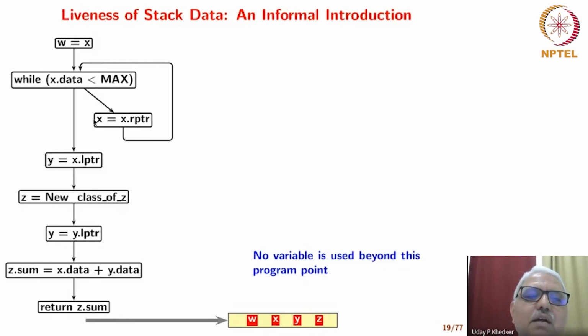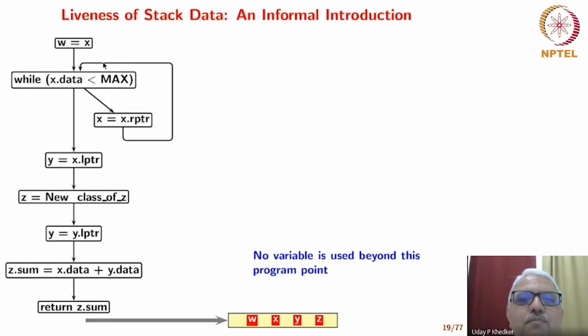In C style notation, this will be a problem, since x is a structure and we can't assign x like this. So we move this pointer x like this, and we have y is equal to x dot lptr. But as I said, let's not worry too much about what this program does. We are interested in seeing which of these variables can be eliminated, which of these assignments can be eliminated.